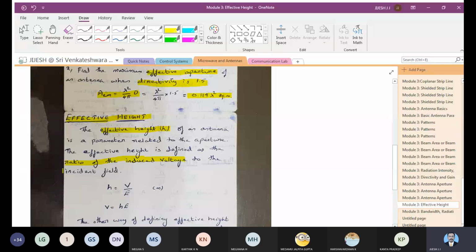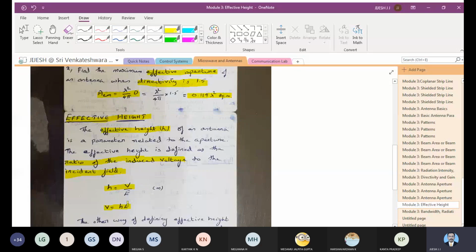When you write it in the mathematical form, you can write it as H is equal to V by E. It is defined as the ratio of induced voltage to the incident field. Its notation is H, and you can write it as V by E, or V is equal to HE.